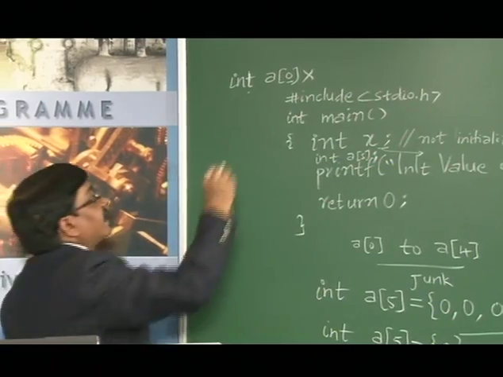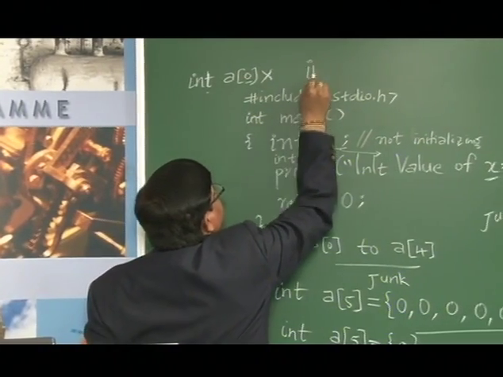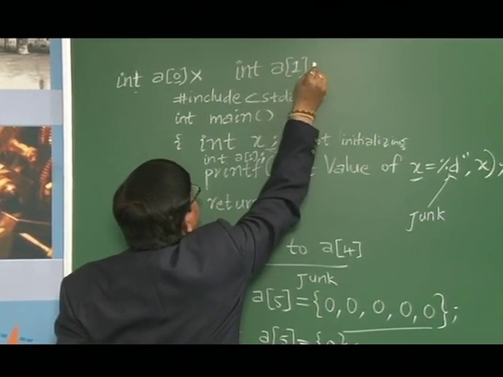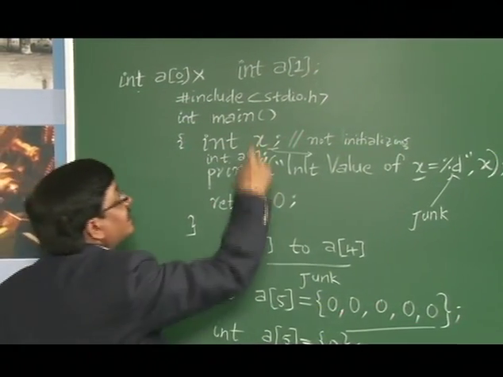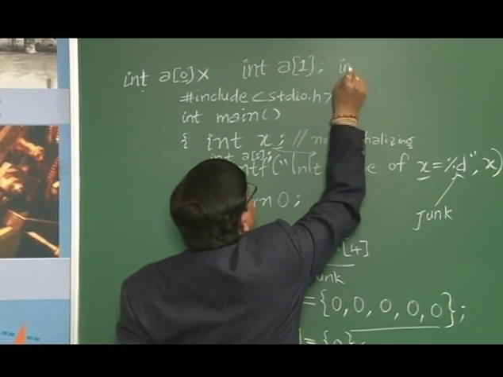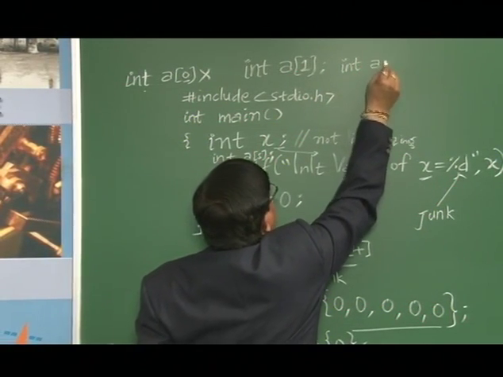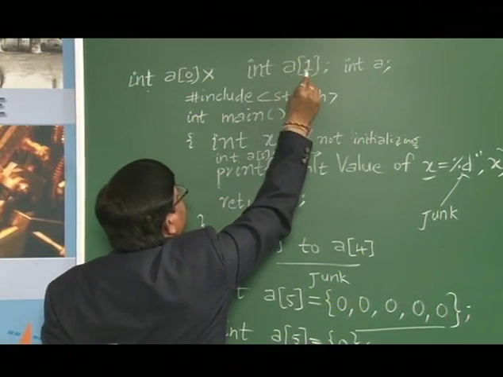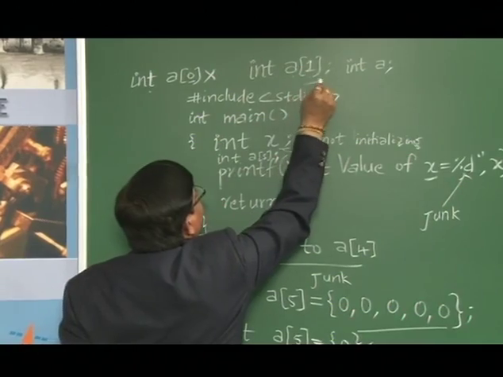If I declare something like int a of 1, then a is an array of one integer element. This is the same as just declaring int a, where a is a variable of type int. This is not a recommended way of programming.